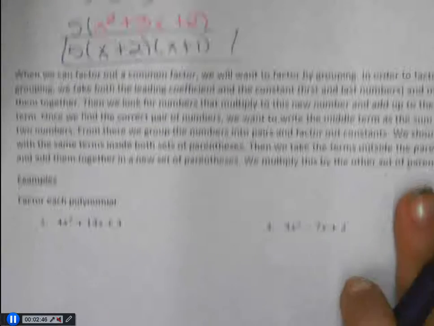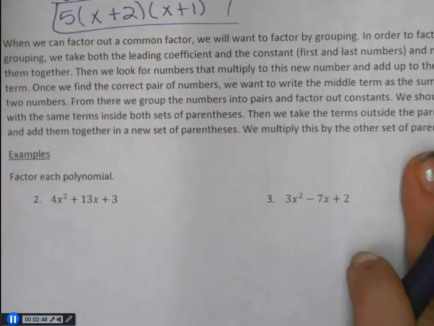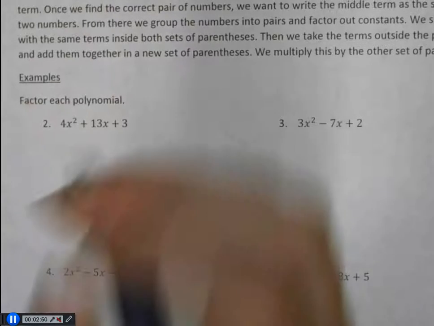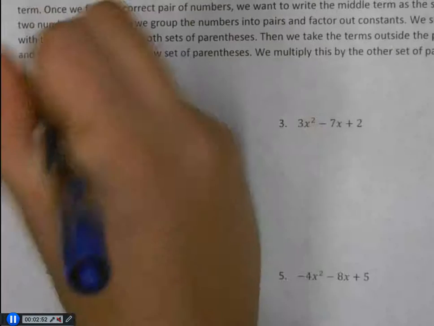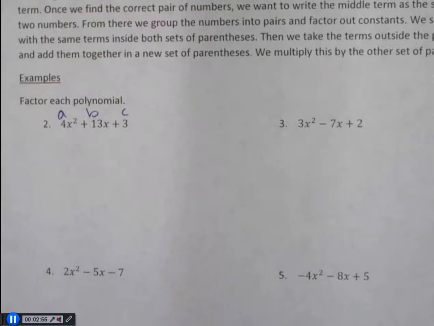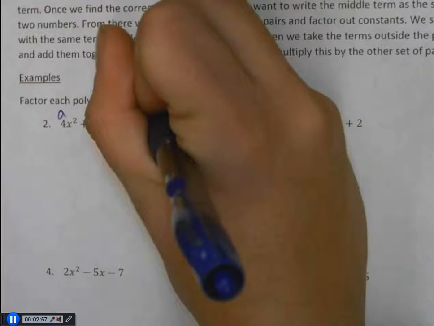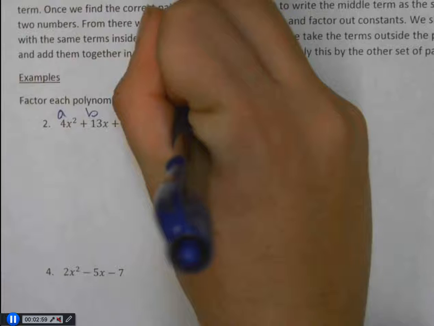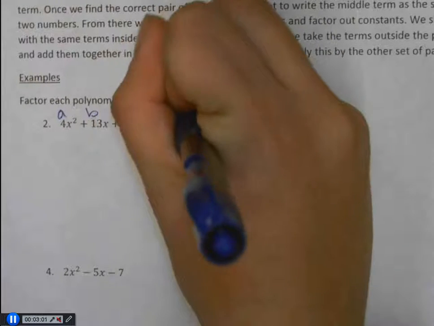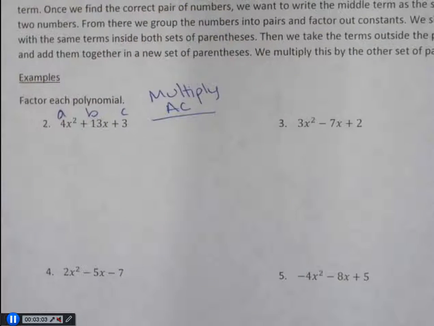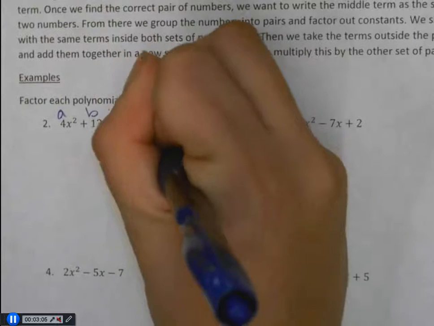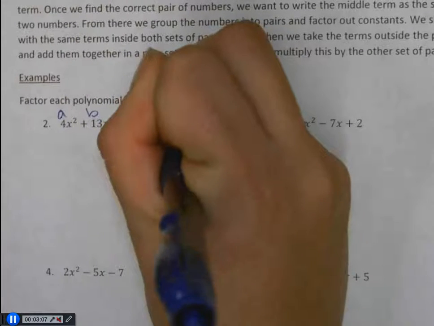Okay, so what I'm going to do on number 2, remember this is in the form A, B, C. I'm going to take A and C and multiply AC together. So what's A times C? 12.